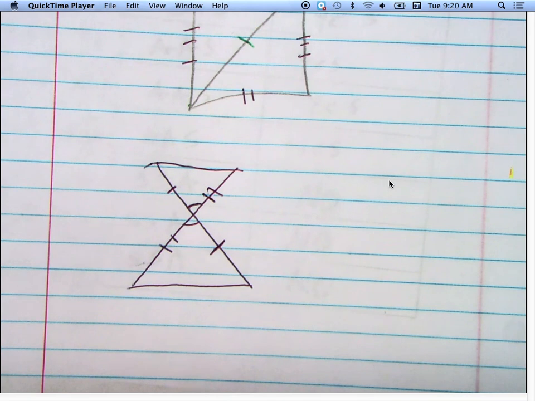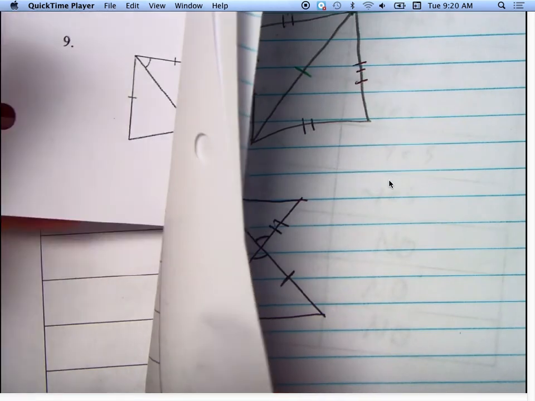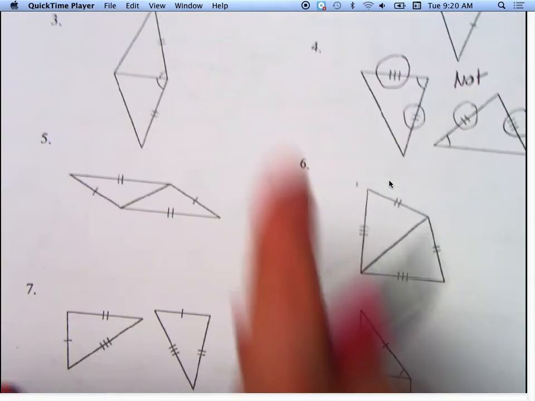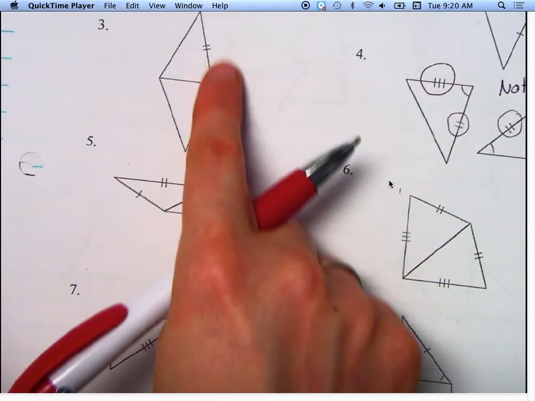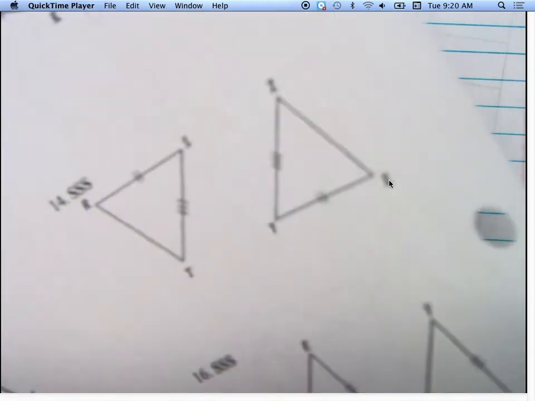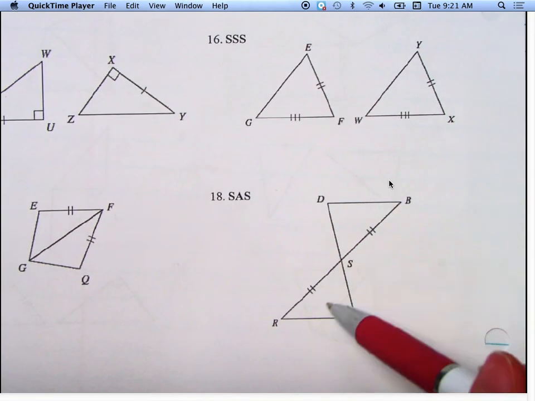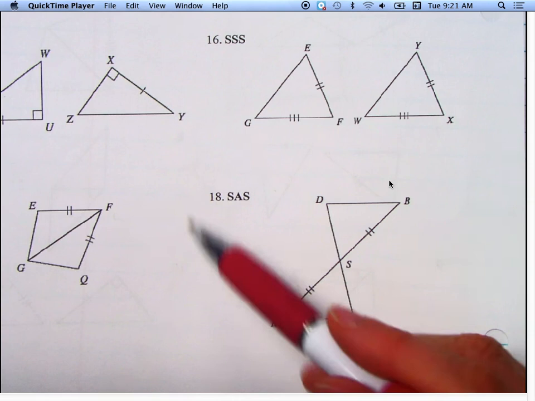Okay, so when you do your work today on side, angle, side, and side, side, side, you're looking for those things. Is it one of them, or is it nothing is true? Okay? And then the back, you're filling out the missing information, right? If this is a side, angle, side, what am I missing?